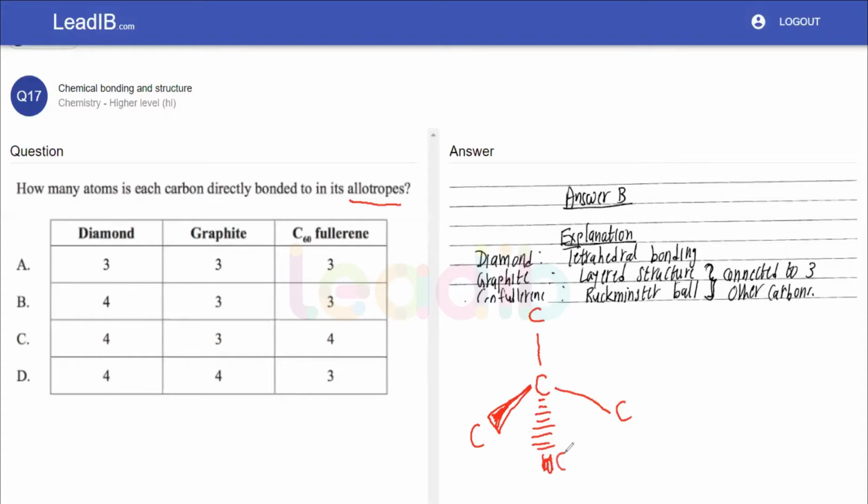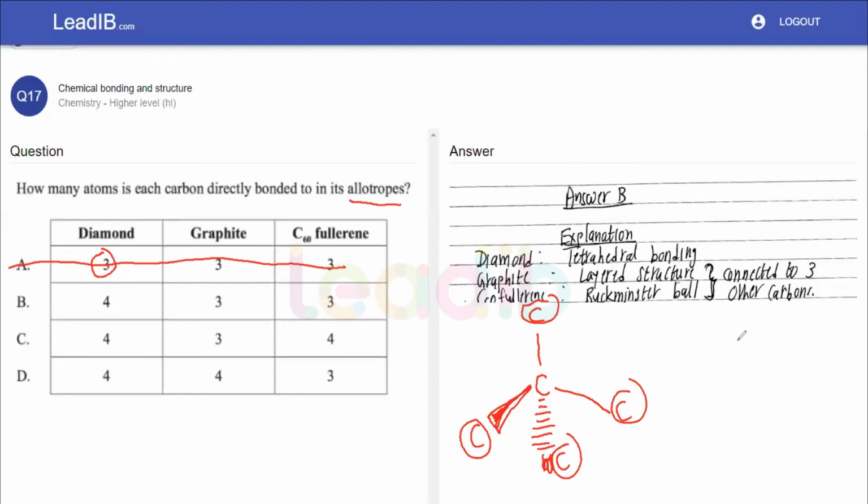So each carbon atom is tetrahedrally bonded to 4 other carbons. With this, we can clearly strike out A because it was given as 3. So this is out. Let's look into the next one, that is graphite.